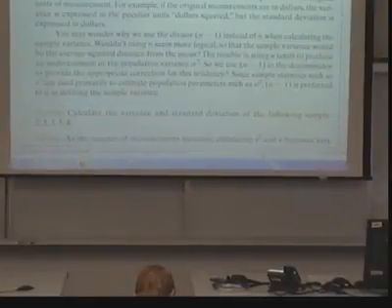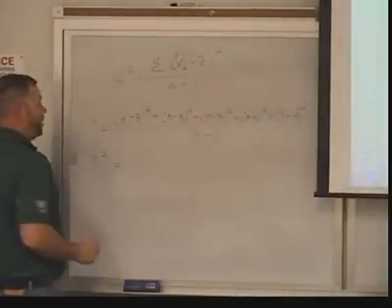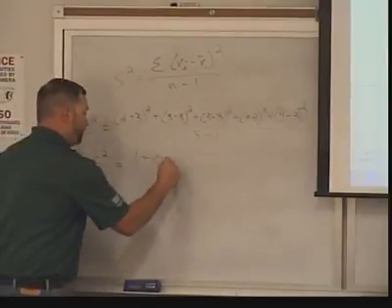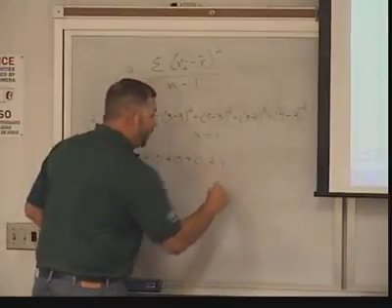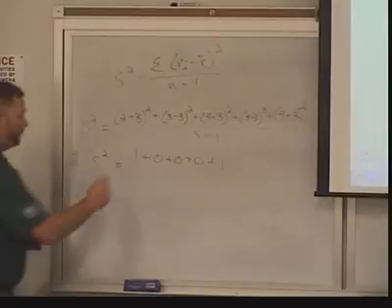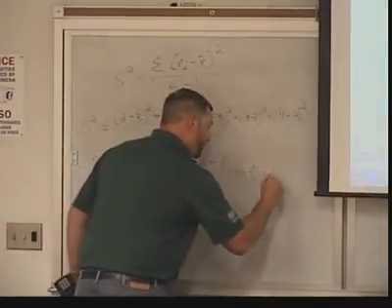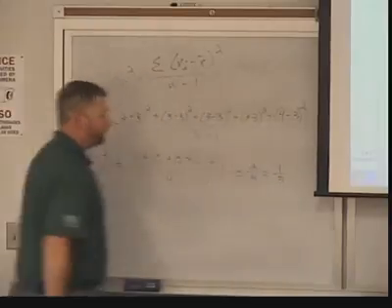So S squared is equal to 2 minus 3 is 1. 1 squared is 1, right? 1 plus 0 plus 0 plus 0 plus 1 over 4, which equals 2 over 4, which is 1/2, or 0.5.